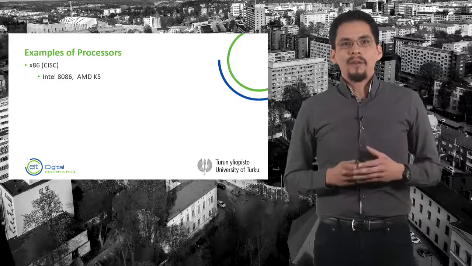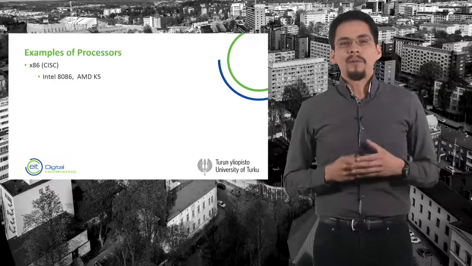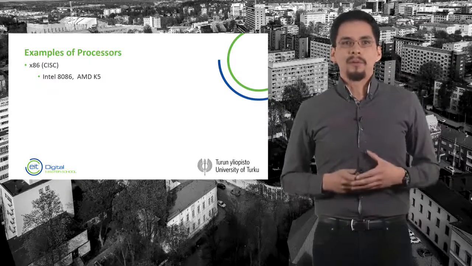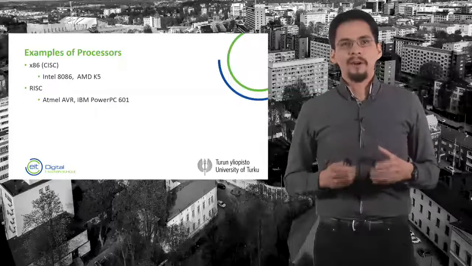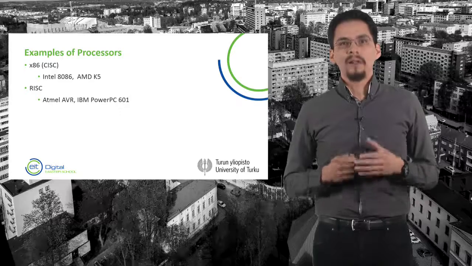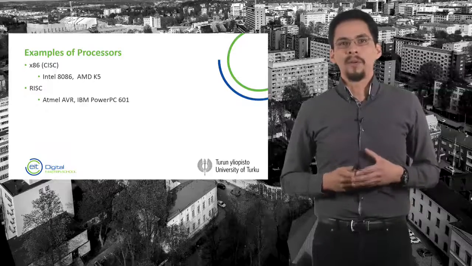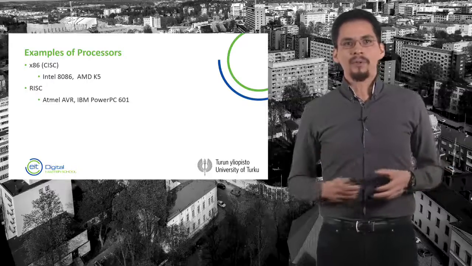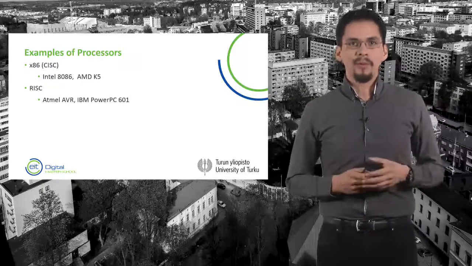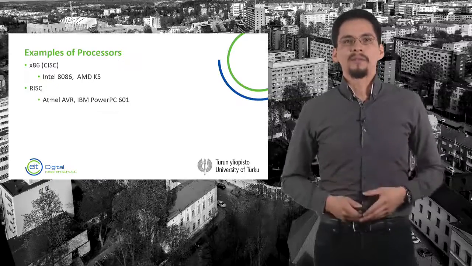More embeddable processors are, for example, RISC microcontrollers. If we look at Atmel's AVR family, we will find a large variety of options for embedded applications. Advanced RISC, ARM processors, as was mentioned before, are widely spread nowadays.